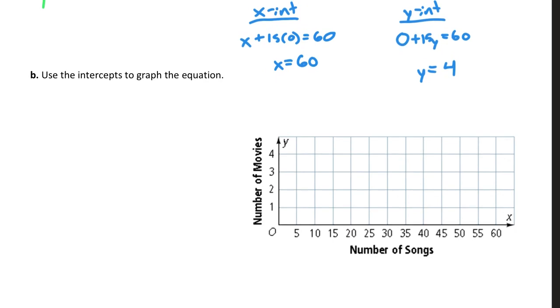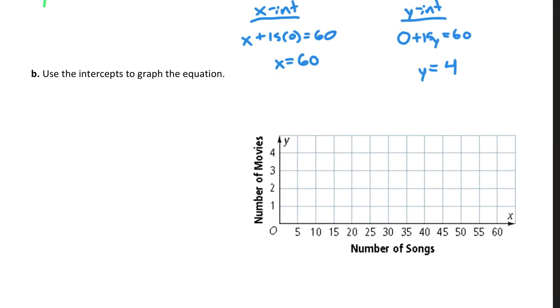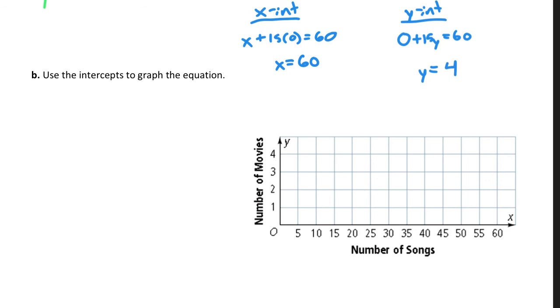So I'm going to graph my x-intercept of 60. Actually graph it. X-intercept of 60. Y-intercept of 4. Okay? So if I think about this proportionally, down 4, right 60, I would have a point in the middle that's at 30, 2.